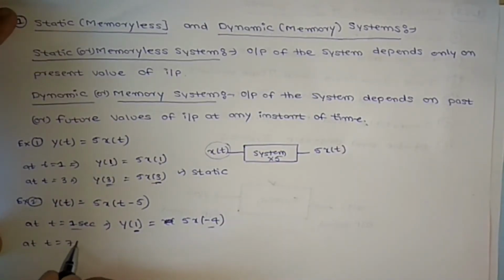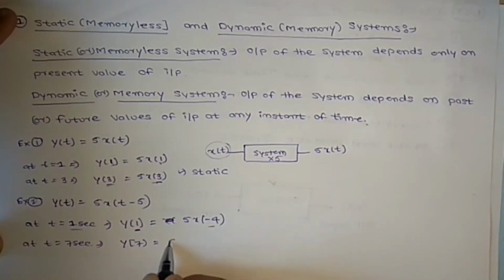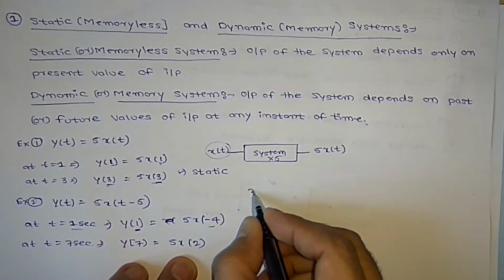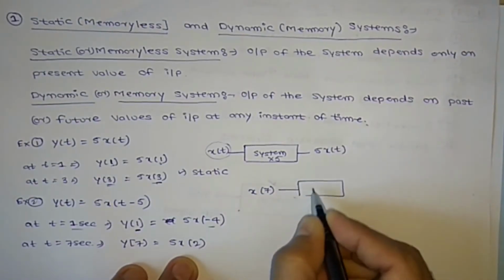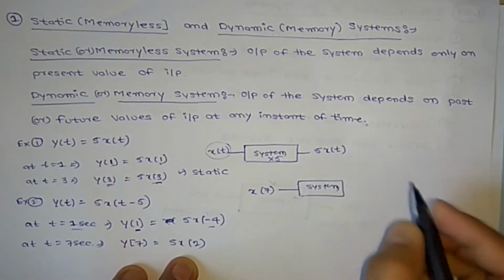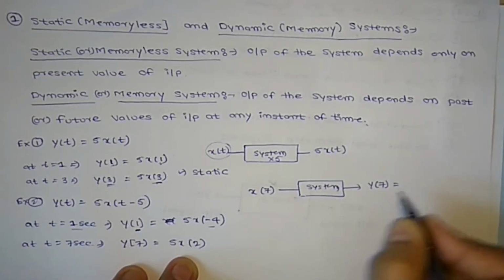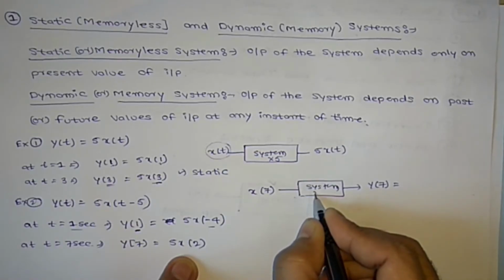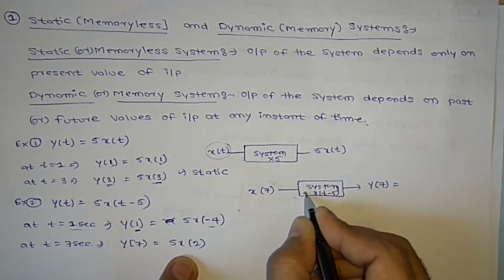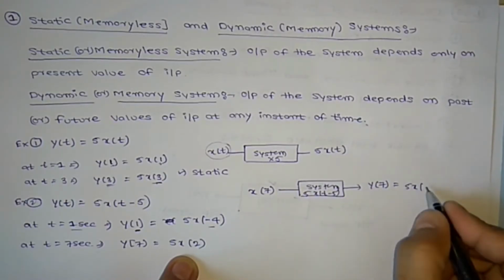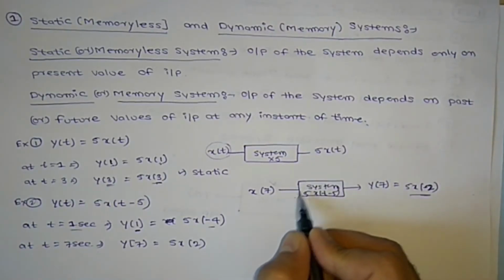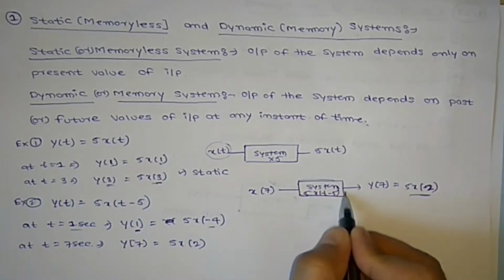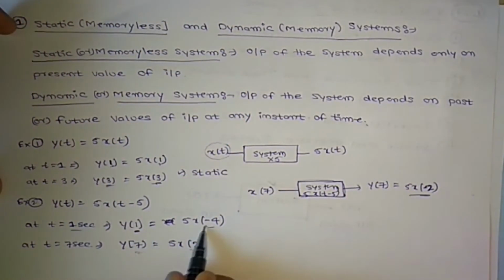Suppose at t equal to 7 seconds, y of 7 is pi x of 7 minus pi, which is about x of 2. It is shifting x of t by pi and multiplying by pi. X of 2 means it needs a past input, so it is a memory system. Both input and output timing should be the same. If it is different, it is depending on either future or past.